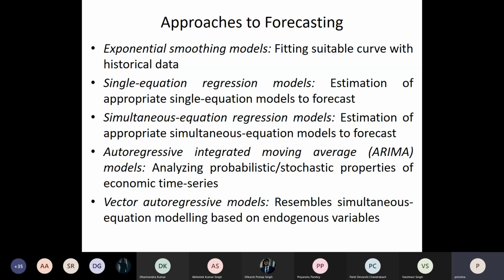That's what I was pointing out. It may have an autoregressive component, like saving in year t may be a function of saving in year t minus 1. Saving may be a function of income. Again, income may have instantaneous impact, like saving in year t may be a function of y in year t, it may be a function of y in year t minus 1. Same can be said in respect of rate of interest.